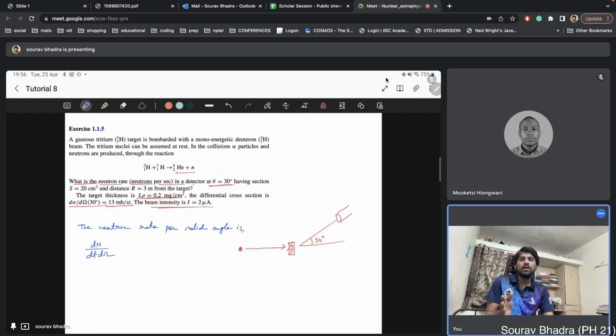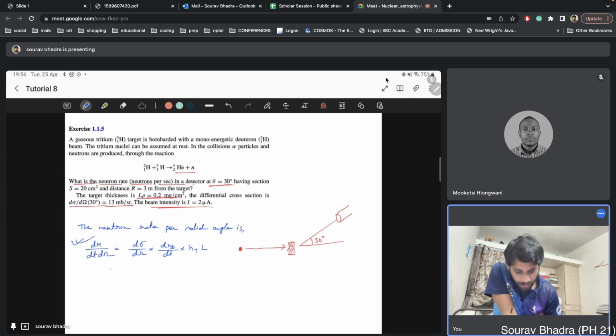So the whole expression has a unit of number per time per solid angle, that is the neutron rate per solid angle, and it can be written as d sigma by d omega times dNb/dt times nt l. The number of neutrons can be written in terms of the number densities of the bombarding element and the target element, expressed by small nb and small nt respectively, along with the distance of the detector. So this is the expression.